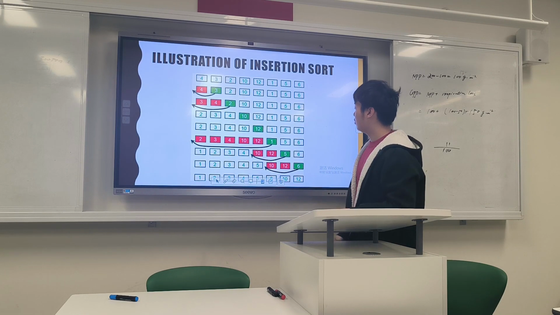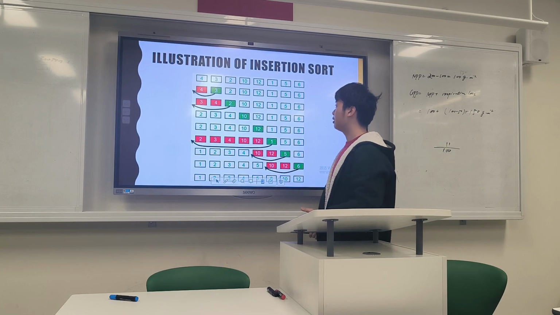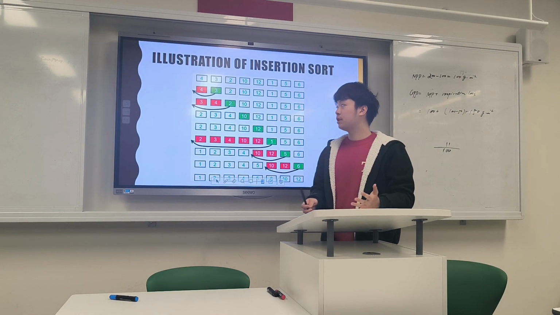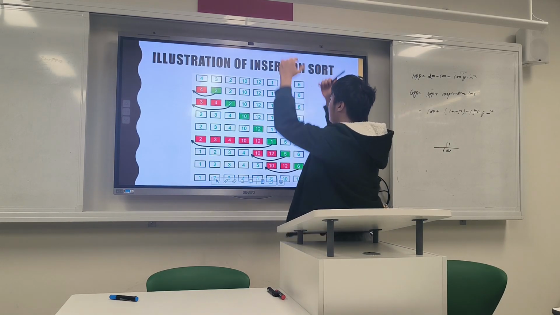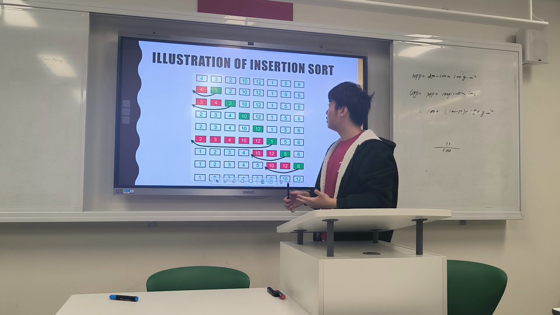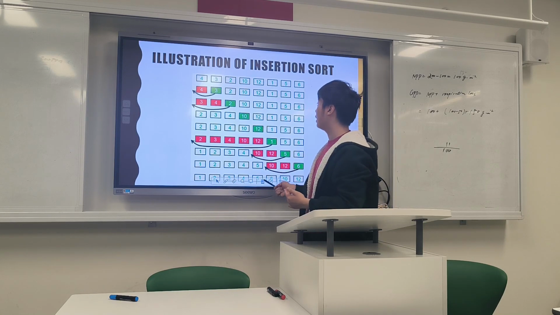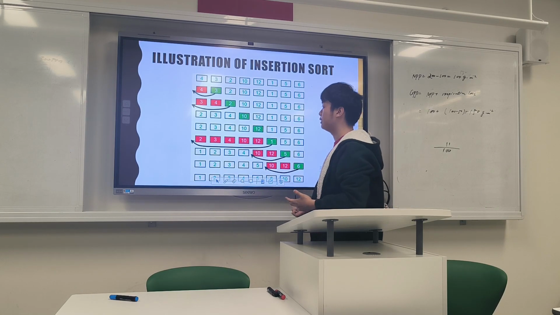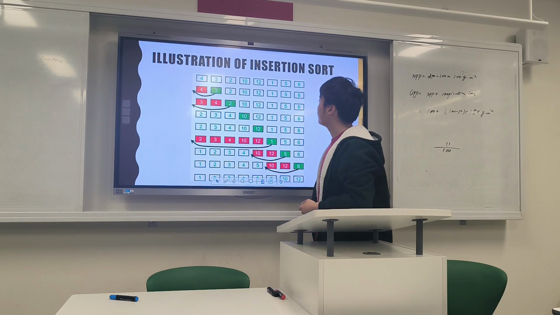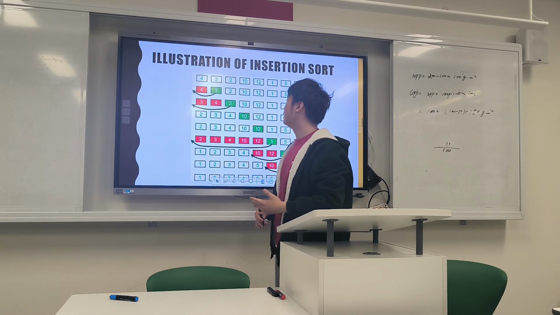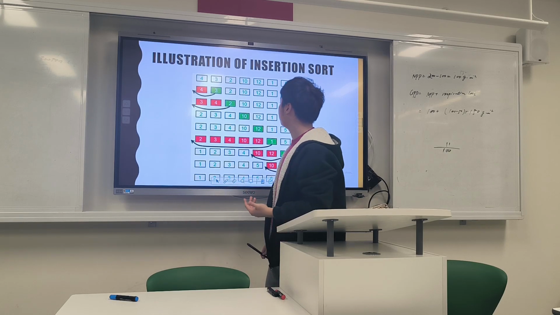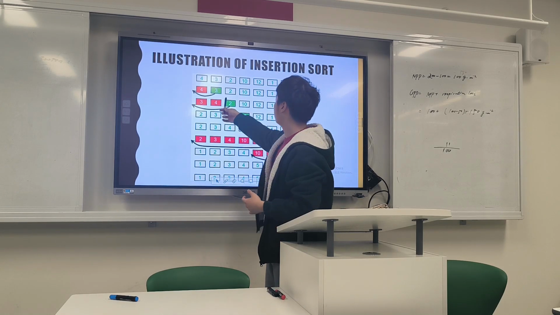So actually, we will use a sequence to help you understand the process. Okay, first we have a disordered sequence that is 4, 3, 2, 10, 12, 1, 5, and 6. And now we will start from the second element of the sequence, that is 3.